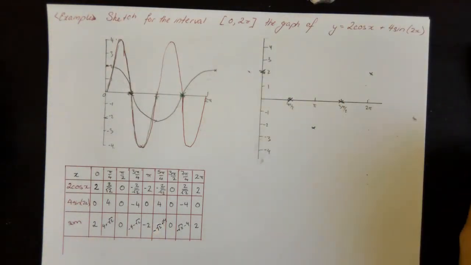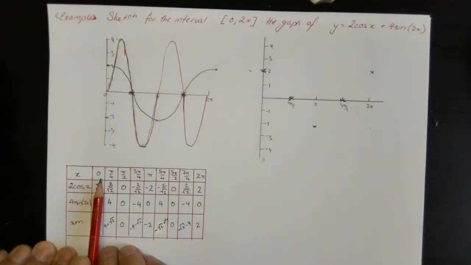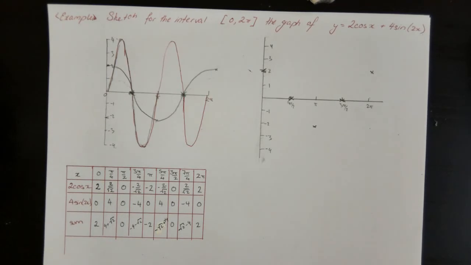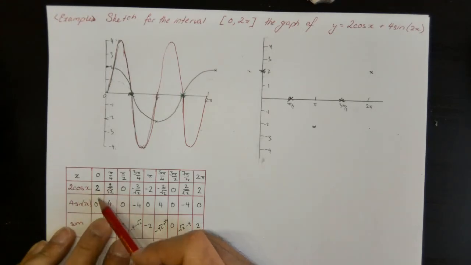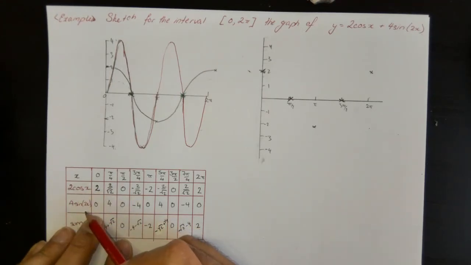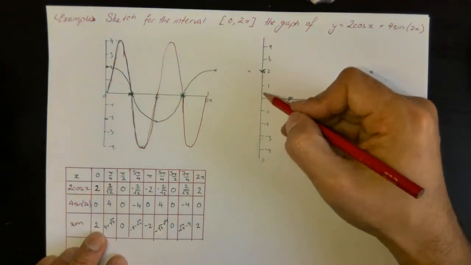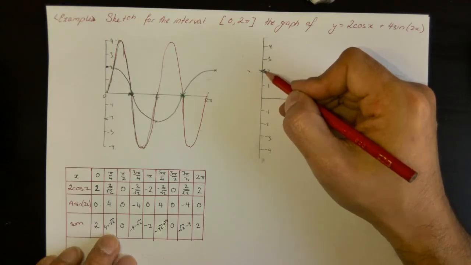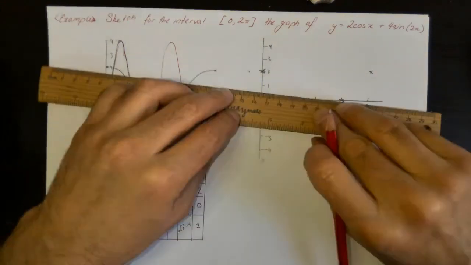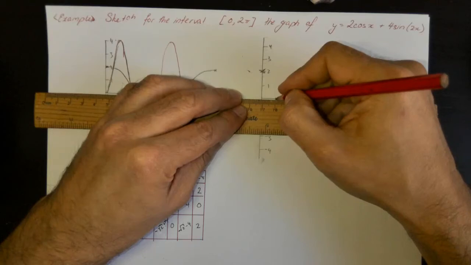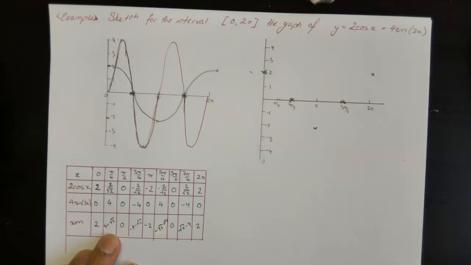What we can do is, if we want to be more exact, we're going to find our points, and we can find what these values are at 2 cos x, so we can create a table, and then also find what 4 sine of 2x is, and then we can add the values together. So at 0 we get 2. At pi on 4, which is halfway here, right? Yeah, pi on 4. We get 4 plus the square root of 2.